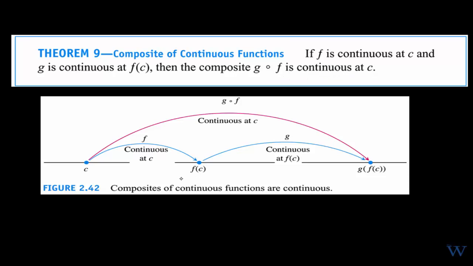It's just saying that if you have a function f, and the value at f of c is its limit value because it's continuous, and then you compose it now and apply g into f of c, then we see that it's also continuous at its composition. That's all there is. If we compose two continuous functions, the composition is also continuous.